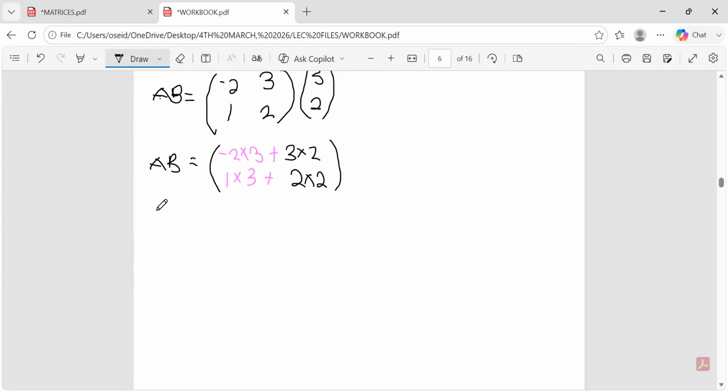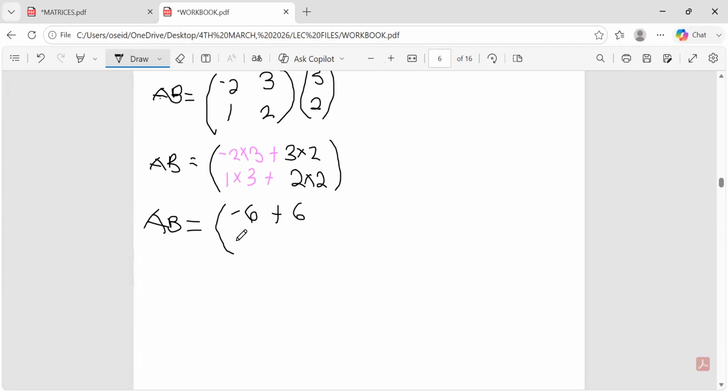So we are going to get AB equal to negative 2 times 3, you are going to get negative 6, plus 3 times 2, 6.